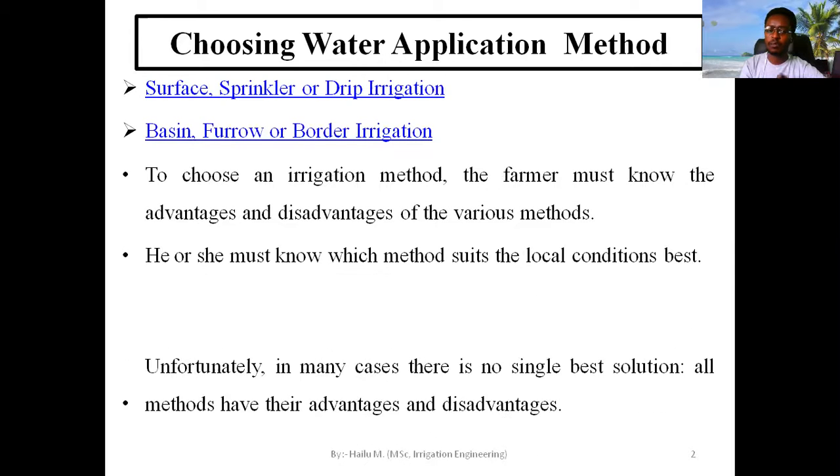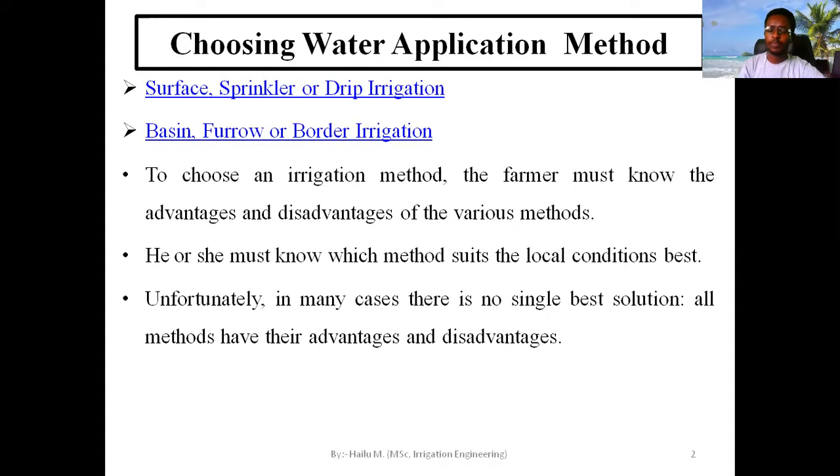Our application method may be either gravitational application techniques or pressurized techniques. Among those, either surface irrigation, sprinkler, or drip irrigation. Among surface irrigation, either basin, furrow, or border. Which one is the best?